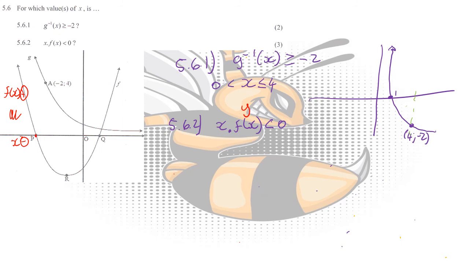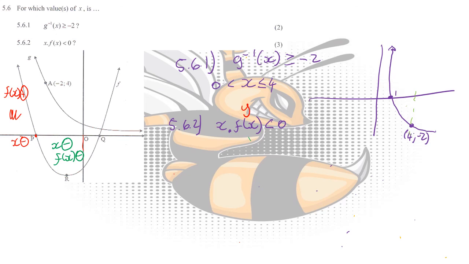Then from p to o, this point over here, let me use a different color, my x values will be negative, but my function f of x will also be negative because it's below the x-axis. That means it's going to be a negative times a negative, which will give me a positive, which does not satisfy the inequality that I have.